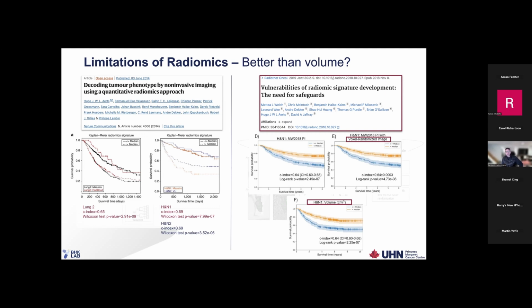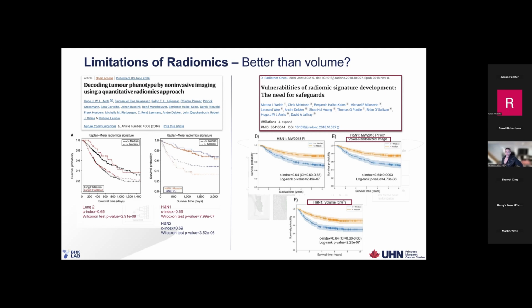And so the concern in the field was that despite all the sophistication of radiomics analysis, maybe we've just discovered that if you measure volume in a precise and robust way, which radiomics does, by the way, it just computes volume, that's all you need for prognostic value. That is true for lung cancer and head and neck cancer prognosis, but that is not true for many other cancer types, right?